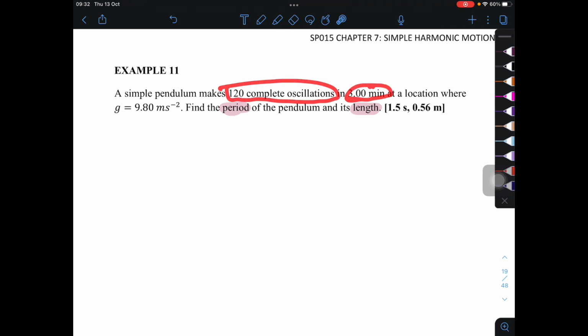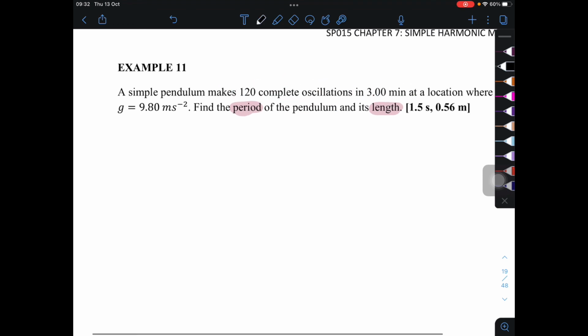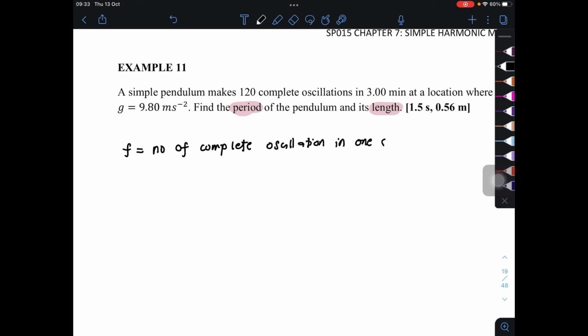So basically this is the value for frequency. We know frequency is the number of complete oscillations or complete cycles in 1 second. But right now we are given 120 complete oscillations in 3 minutes.